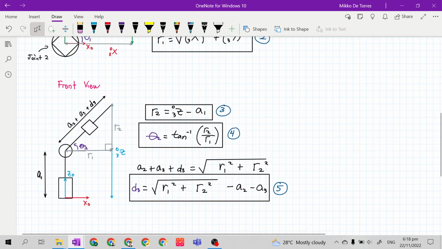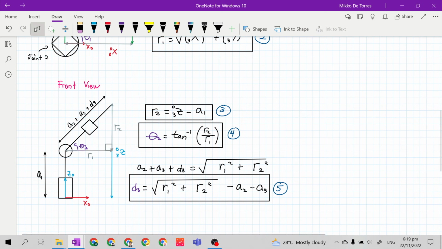At the front view, the r sub 1 is the length of this link, the link of the prismatic joint and the link of the end effector, that changes if theta 2 changes its orientation.